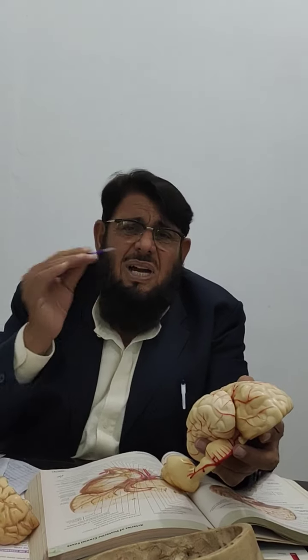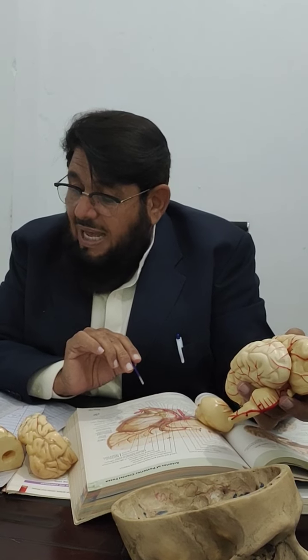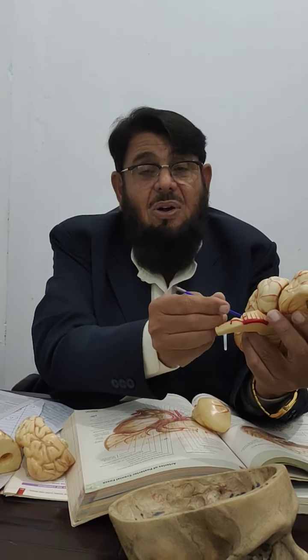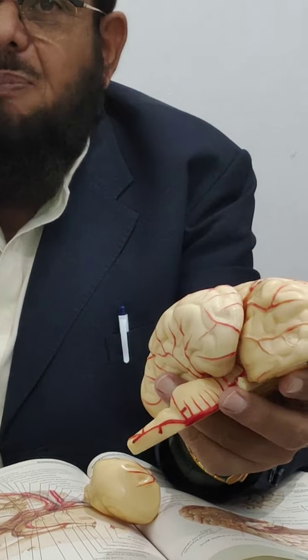They enter the brain substance and are also called striate arteries, thalamostriate arteries, or lenticulostriate arteries, the same thing. They enter the brain tissue through the perforated substance and supply the basal ganglia, the internal capsule, and the thalamus. Branches to the posterior perforated substance from the posterior cerebral artery pass deep and also supply the basal ganglia, the thalamus, and the internal capsule.